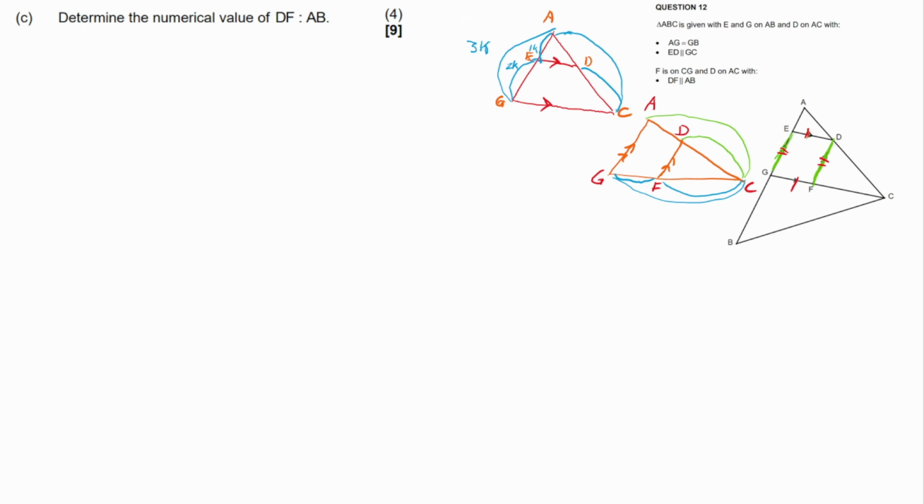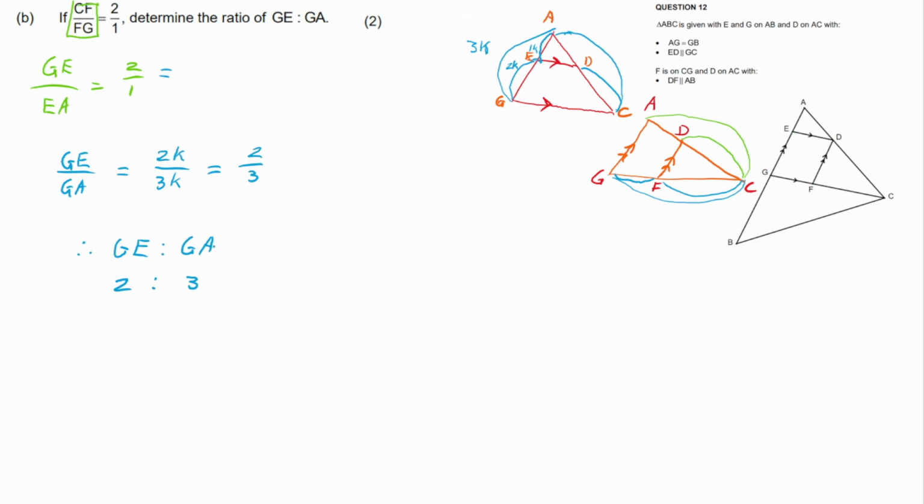So what we can say is we know that DF is equal to EG. So we need to continue and find a connection between EG and AB. Here's EG. And we need a connection between that and this whole big thing. If we look at this top triangle, we know that we have a ratio between GE and GA, and also from the previous question we have a ratio.